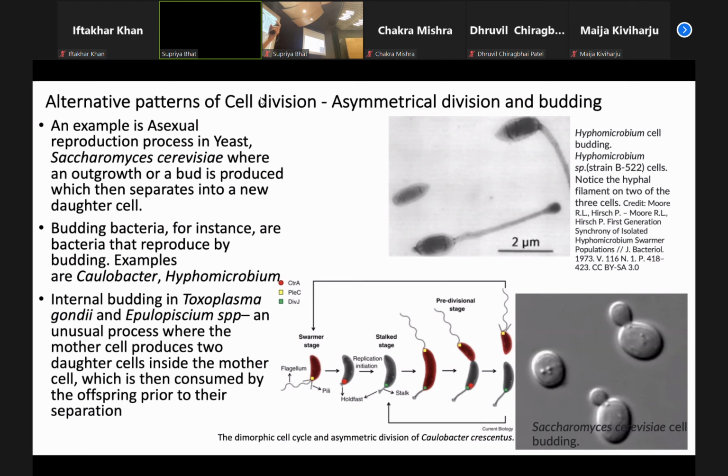So they form long filaments of hyphae, and then they produce aerial hyphae, which have conidia, and those are called mycelia. Hyphomicrobium is actually a bacteria, it's prokaryotic. But it forms these long filaments that are somewhat similar to mycelia, except they're not separated; the whole thing is just one cell. And then a new cell is formed at the end of that filament and turns into a daughter cell.